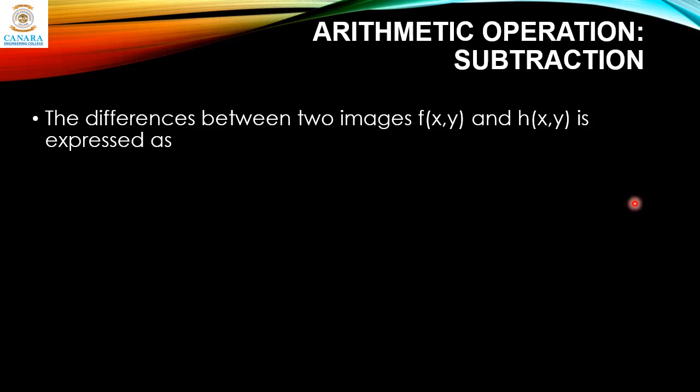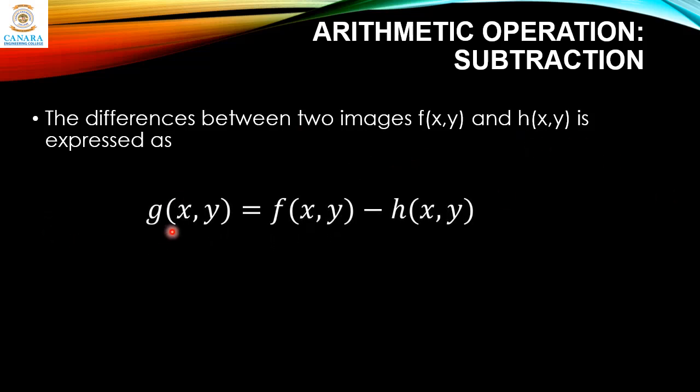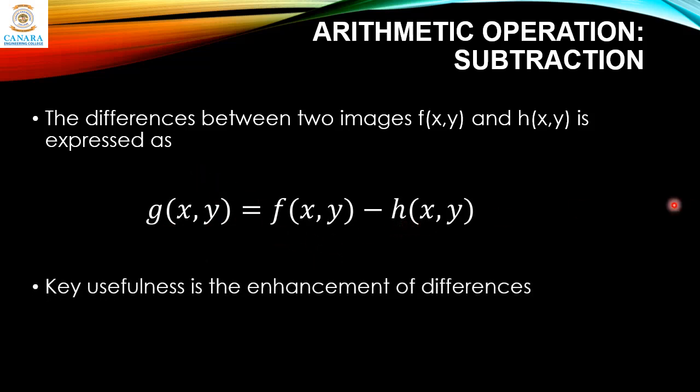We can express this as g of xy equal to f of xy minus h of xy. The key usefulness is the enhancement of the differences. Basically we are enhancing the difference between the original image and the mask. Whatever difference we get is enhanced. We use this in particular for mask mode radiography. We'll see the example in the next slide.